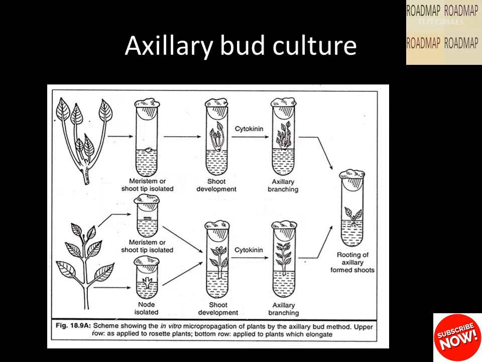So the cultures are carried out with high cytokinin concentration, and the apical dominance stops basically, and the axillary buds develop. Now in a good axillary bud culture, the cytokinin auxin ratio which is maintained is 10:1, and you have to remember this ratio, that 10:1 is the ratio which is used for growth regulator of cytokinin and auxin for axillary bud culture.